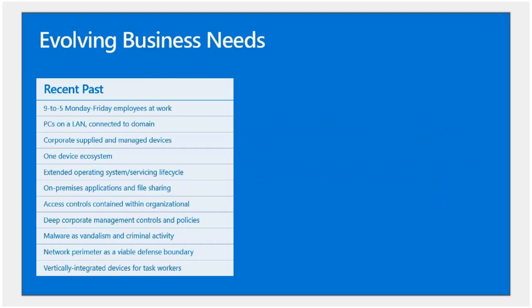What you used to see being a typical Windows device is something that's used in the office 9 to 5, connected to a LAN, fully corporate managed with all of the standard controls that we've grown used to with Active Directory and Group Policy, System Center, and all these other components working together to manage the device.